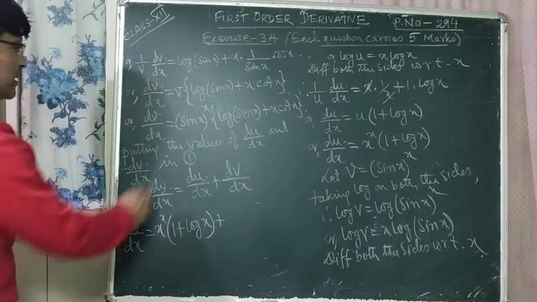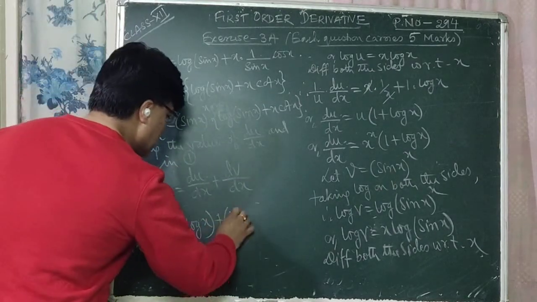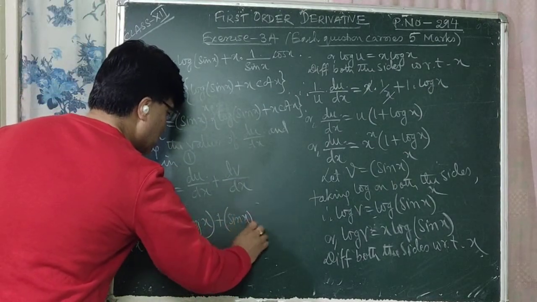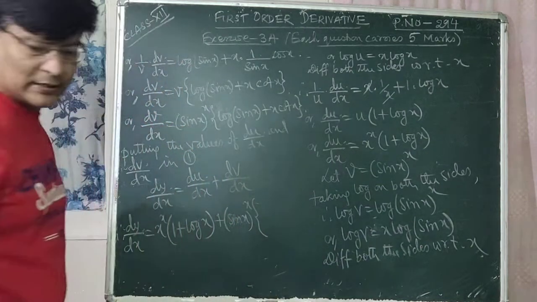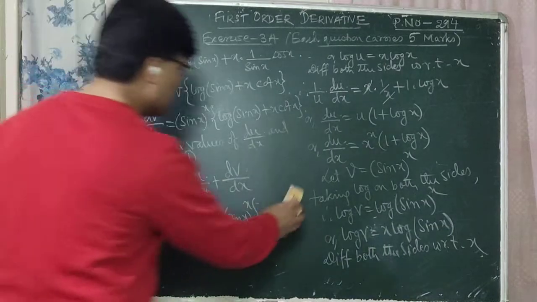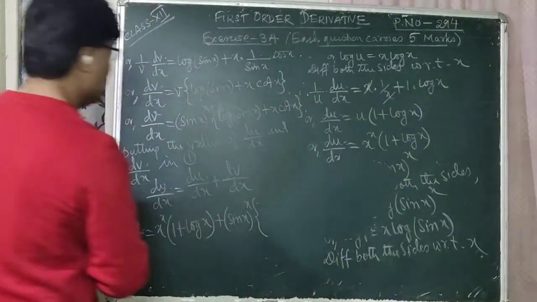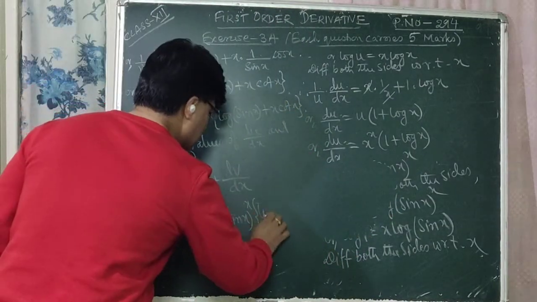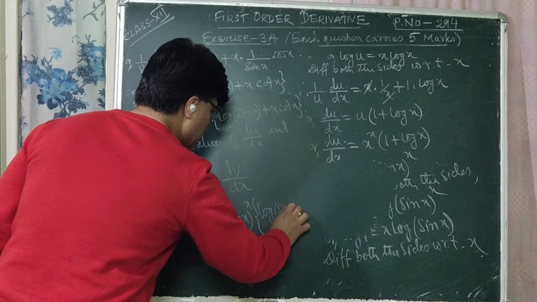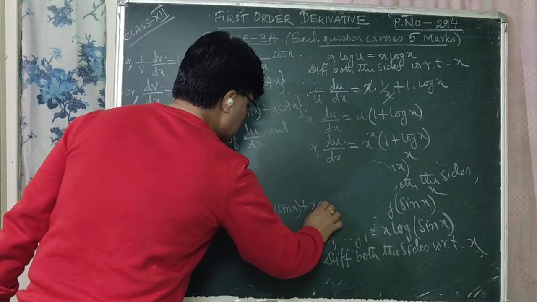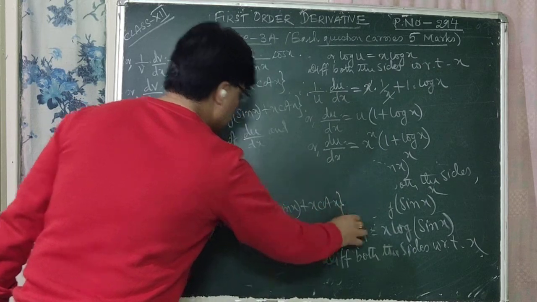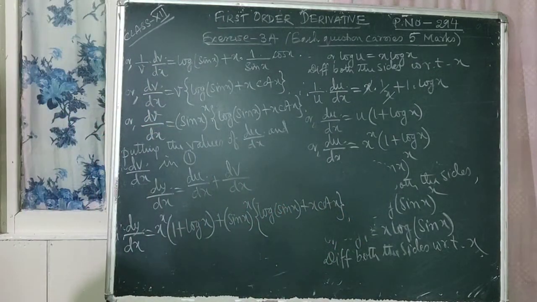Plus, now what is dv by dx? This one is dv by dx, that is sin x whole to the power x. Then within second bracket, what do we write? Log of sin x plus x cot x, second bracket is closed.